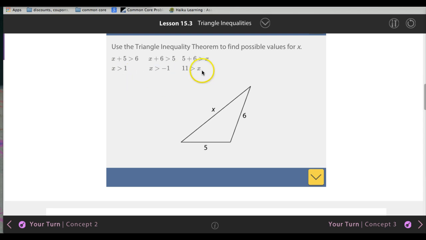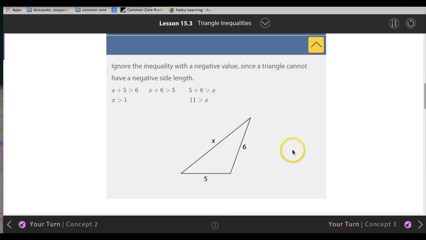You get 3 possible values, right? But we cannot have negative side lengths. So all we know is that the length of x can be in between what? 1 and 11. Because as you can see over here, x is greater than 1 and x is less than 11. Okay, so the length of x can be anywhere in between.